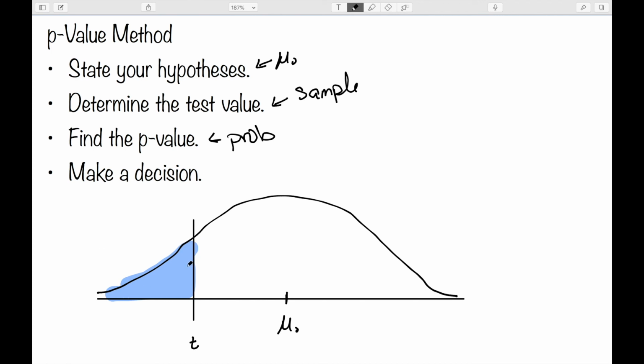So essentially we're looking at the probability that my value is less than or equal to my test value. And then we'll make a decision based on that. The idea being, if this probability is too low and this thing is too far along the tail, then it is very unlikely that it happened by chance. And so in future videos, we'll go through both of these methods and each one of these steps slowly.